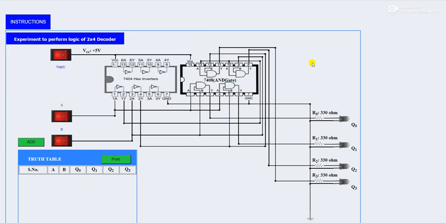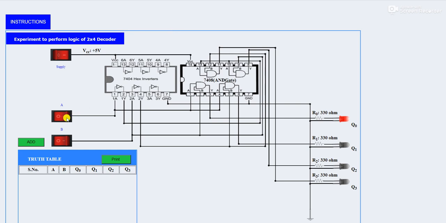Then check the values of inputs and outputs in the table accordingly. First of all we switch on our power supply, then we provide possible combinations with the help of two switches, A and B. The LEDs will glow according to the combinations of A and B, and we will add all these values in our truth table. So let's start. Suppose our first condition is A equal to 0 and B equal to 0.